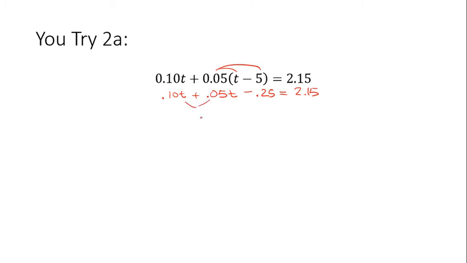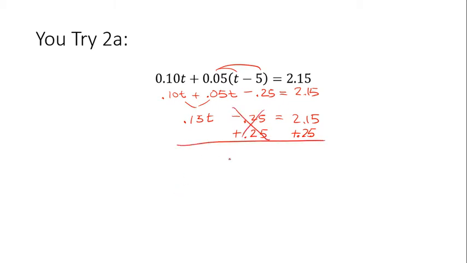Now I'm going to combine like terms to get 0.15t. I still have that minus 0.25 though, and I still have the 2.15 as well. I'm going to get rid of this 0.25 by adding it to both sides to move it to the other side of the equation.